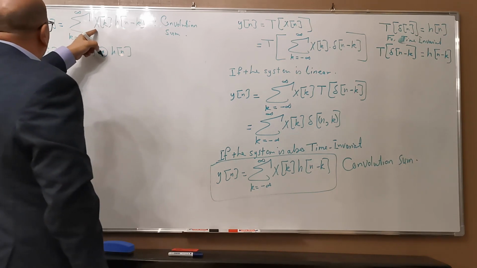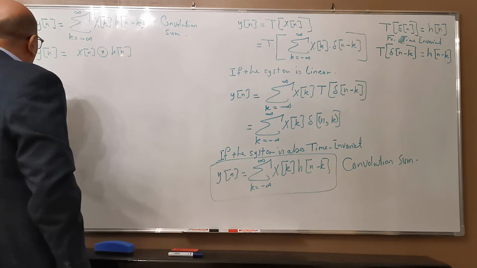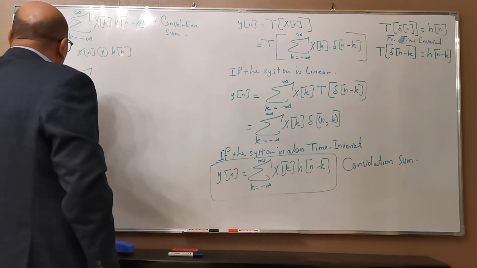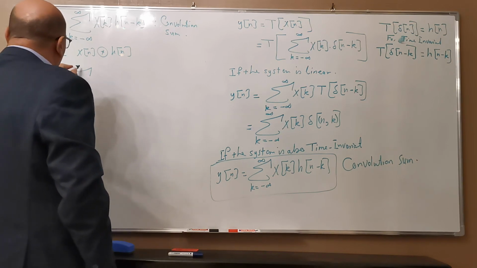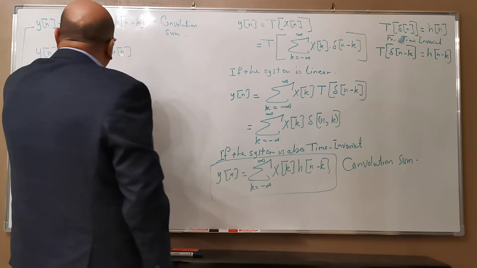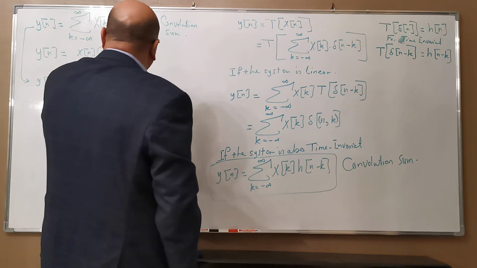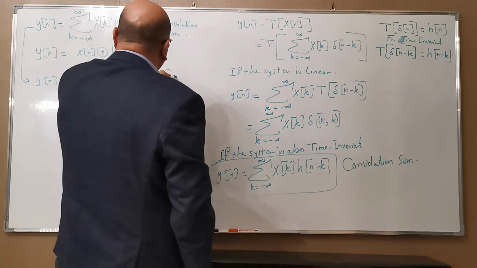By the way, this formula is also commutative. So you can say that y of n is also equal to the summation from k equals minus infinity to infinity of h of k times x of n minus k. It's also the same, it's the convolution sum.